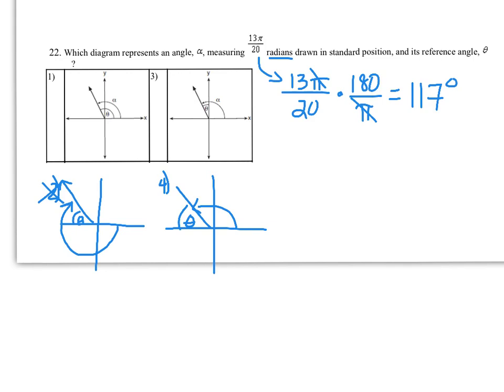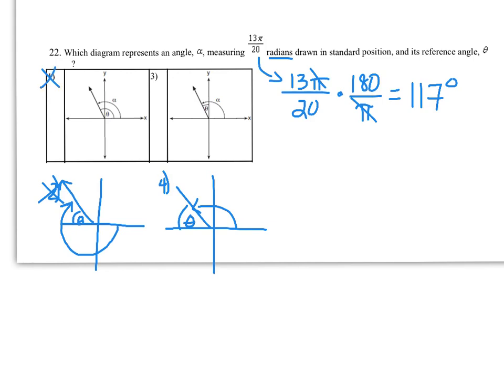All right, so then let's look at some of the other choices and see if we can eliminate things. If we look at this one, well, this looks like 117 degrees to me, doesn't it? But remember, the definition of a reference angle is the angle that lies between the terminal side and the x-axis, and it has to be acute. This angle theta is not an acute angle. So choice 1, we're going to just cross that one right off the list.